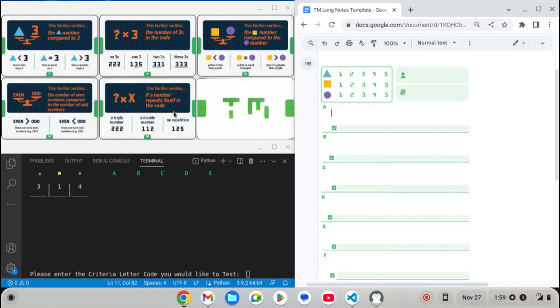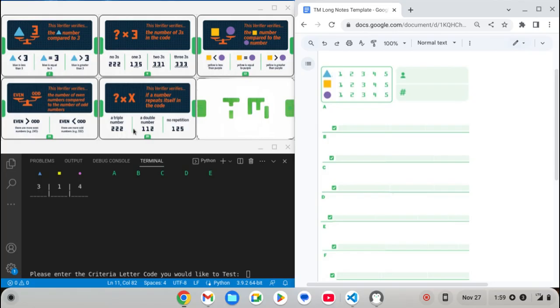Specifically, it can tell us whether there are no repetitions in our code, as in the example 125, or it could inform us that it's a double number, where there's a digit repeating, as in the example 112, or it could even tell us it's a triple number, a single digit repeated 3 times, as in the example 222.